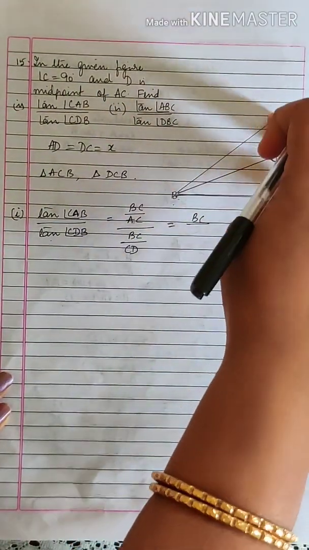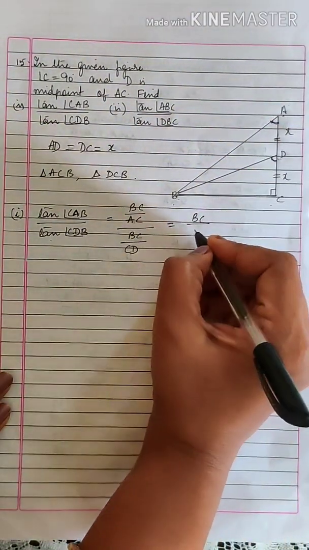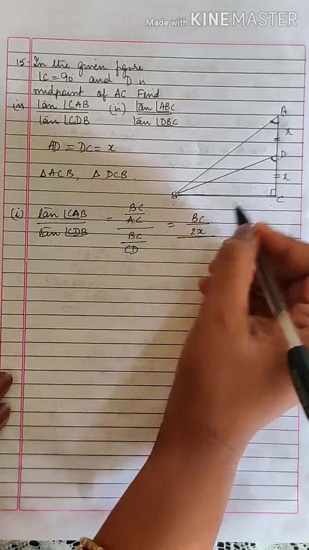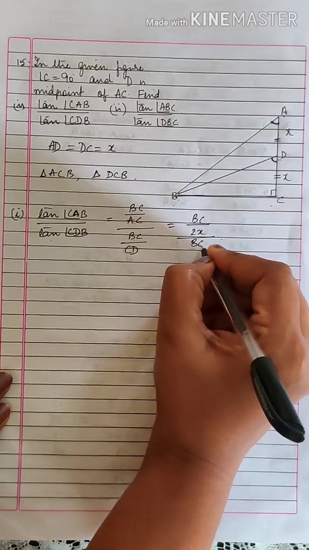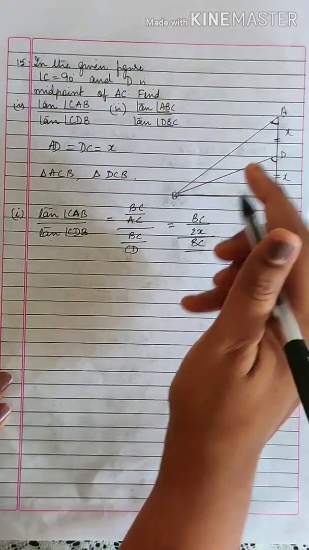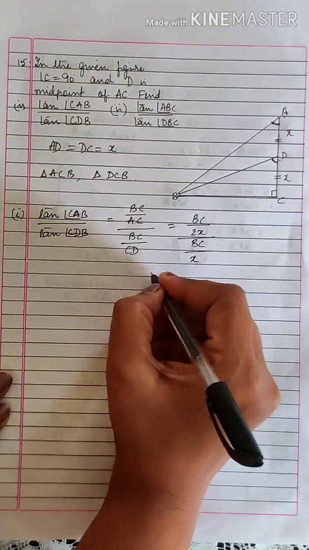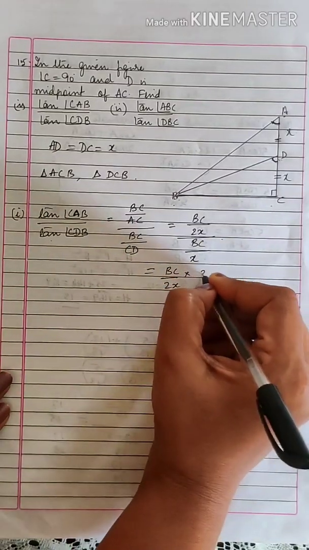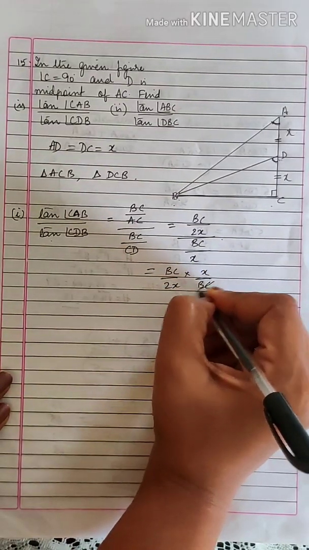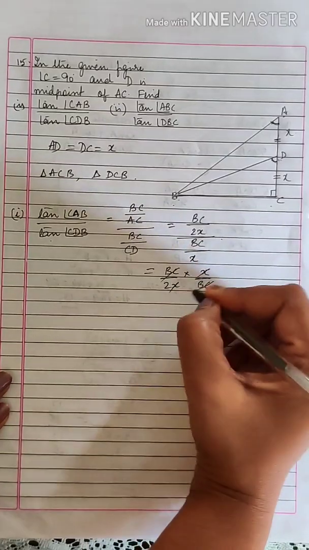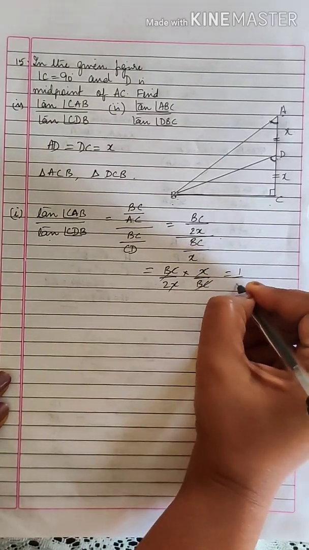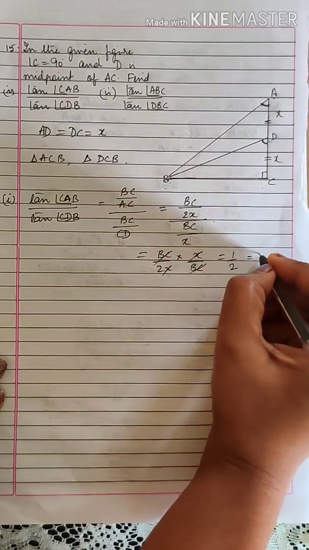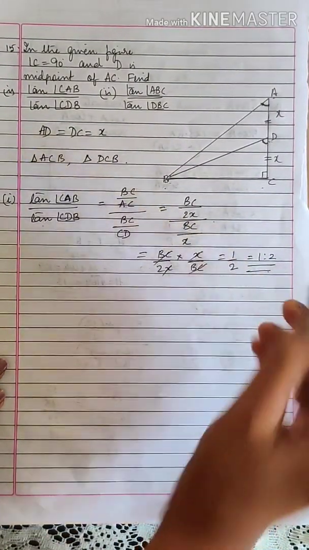So you get BC upon, what is AC? AC, if you see, the length of AC is x plus x, which is equal to 2x. And what is CD? CD is x. Now solve this ratio, you get BC by 2x into x upon BC. BC and BC gets cancelled, x and x gets cancelled, so the ratio becomes 1 upon 2, or you can write it as 1:2.